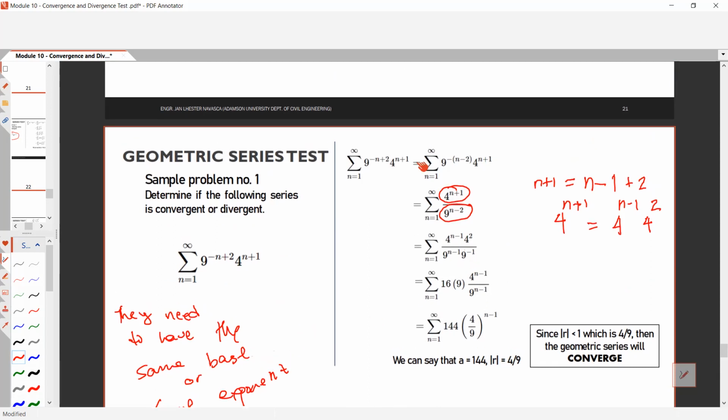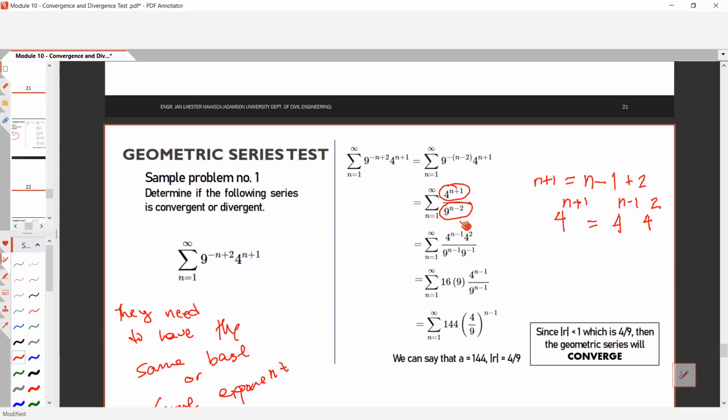Okay. So next natin is this one. 4 raised to n minus 1. Okay, that is 4 squared. So yung ilalim natin is 9 raised to n minus 2. So gagawin natin siyang the same dito sa n minus 1.